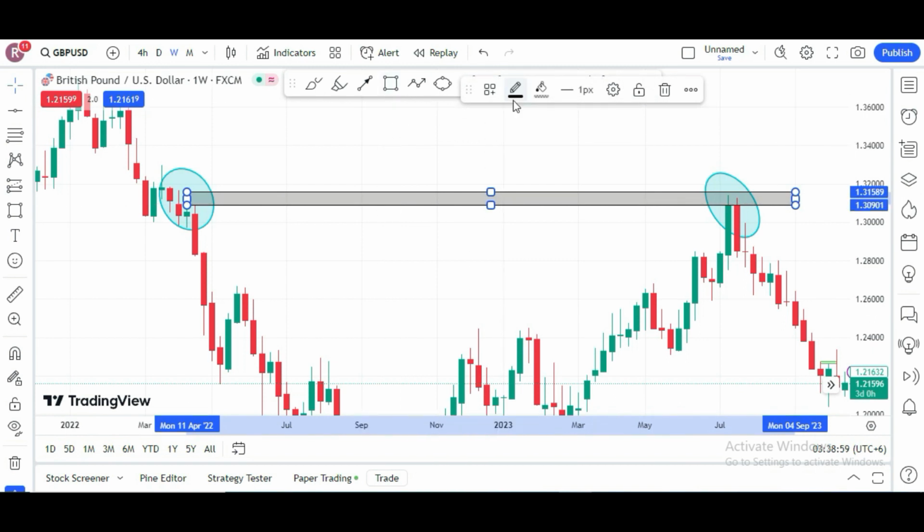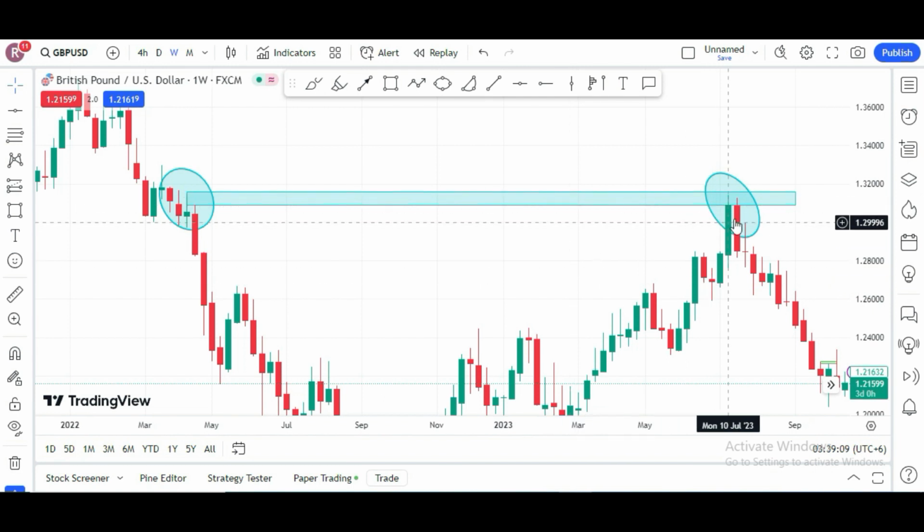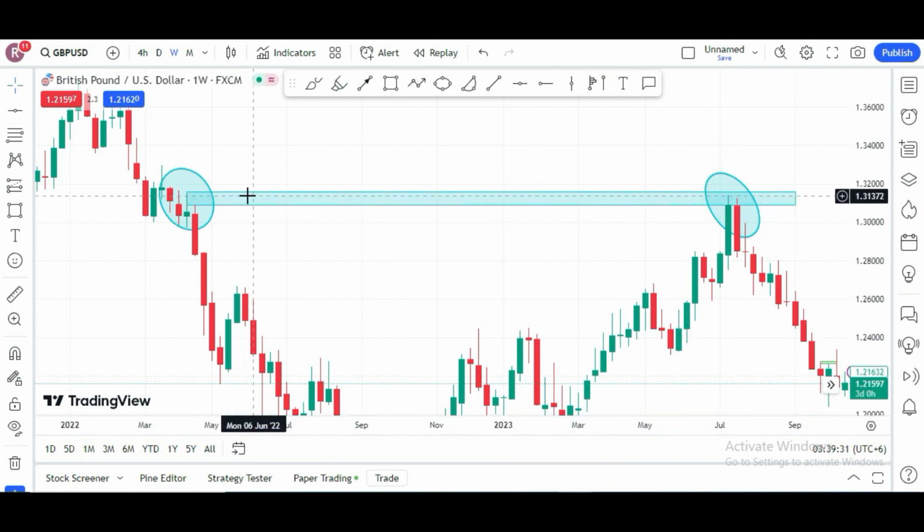So here, this is a confirmed double top, and to make a double top there are two or three conditions. A green candle must be followed by a red candle, and the twigs, or the top legs of the candles, must have a relation on the left with another twig or body of another candle.